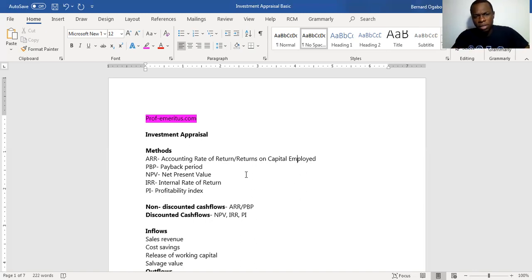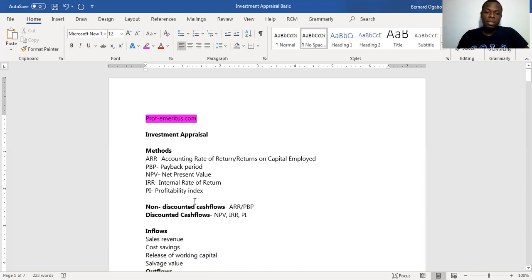But while appraising investments, the methods that have been stated here are divided broadly into two. The ones that use non-discounted cash flows and the ones that use discounted cash flow.